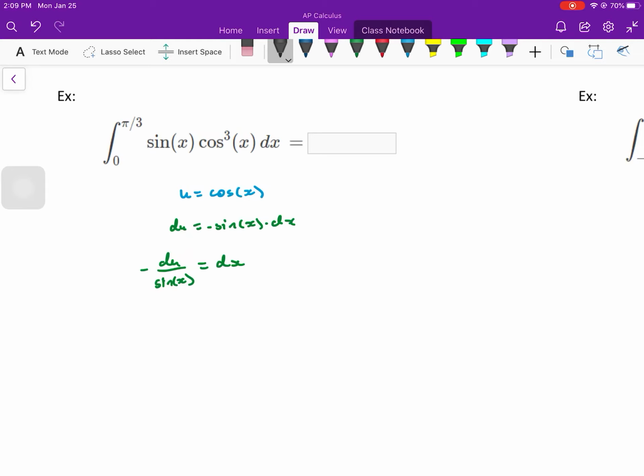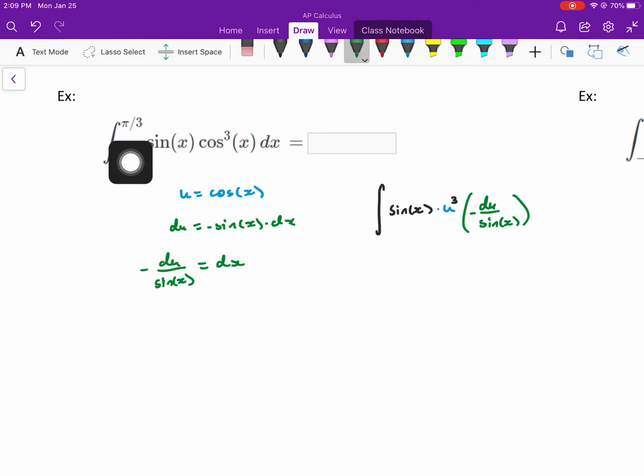So let's substitute that in. That's u cubed, and then dx, in this case, is negative du over sine of x. So we can see that sine of x cancels out nicely. We should have seen that from the beginning, right? The derivative of cosine will cancel out there.